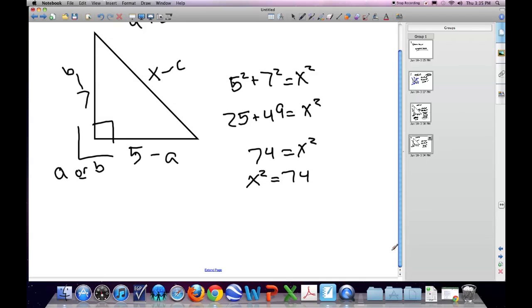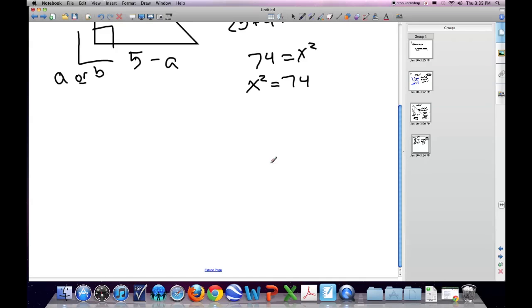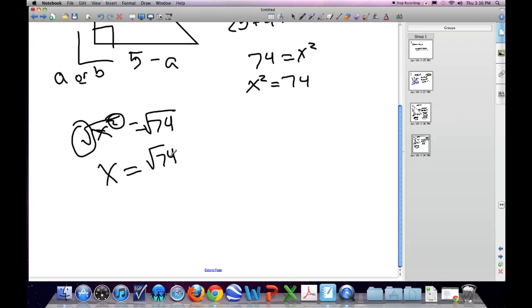So now here you notice that 74 isn't a perfect square. So let's go over here. You've got x squared equals 74, and you're going to square root these. Well, this and this cancel out, so you're left with x equals the square root of 74.